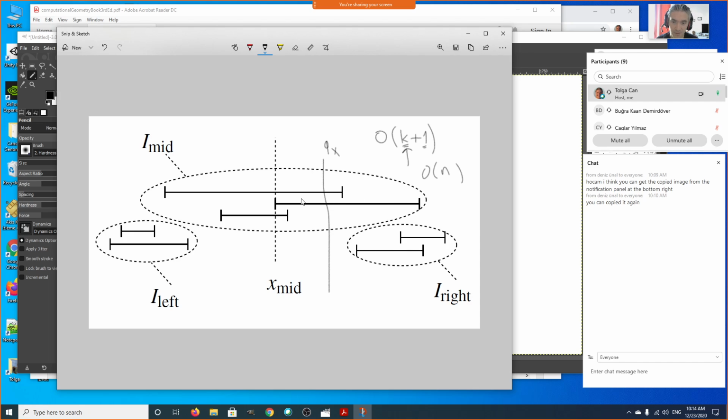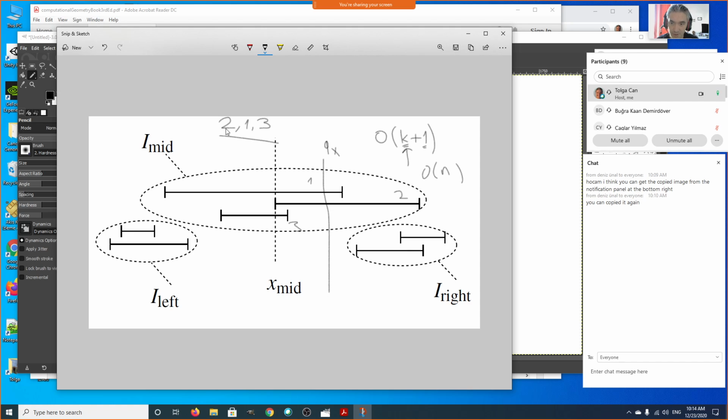If you look at these line segments on the right-hand side, if I had them in a sorted list in decreasing order of their right endpoints, for example, if this is segment 1, this is segment 2, and this is segment 3, and I have this order 2, 1, 3, all I need to do is go over this list one by one until QX is to the right of the endpoint.